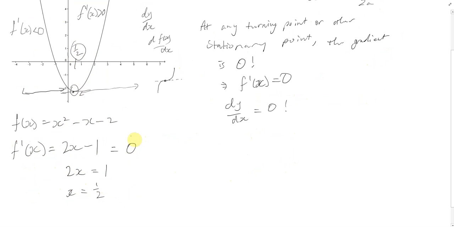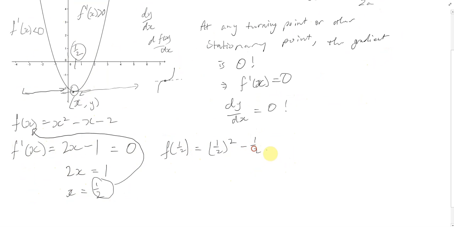So we're halfway there, but to find this point, we need two things. We need the x coordinate and also the y coordinate. So we've got the x coordinate, now we need to find the y coordinate by putting this value back into our original function. So we're doing f of a half to find the y coordinate, which is a half squared, take away a half, minus 2, which is a quarter, take away a half, minus 2.